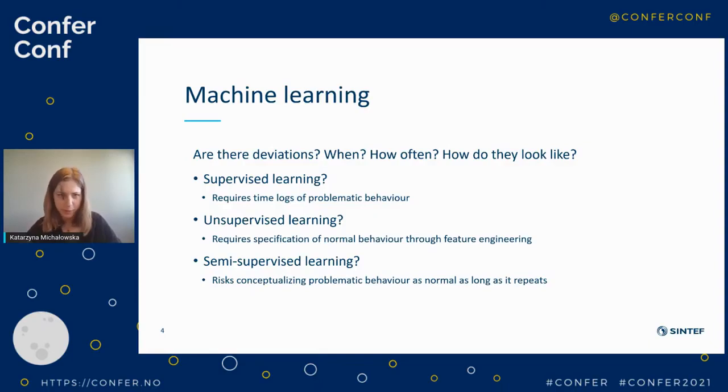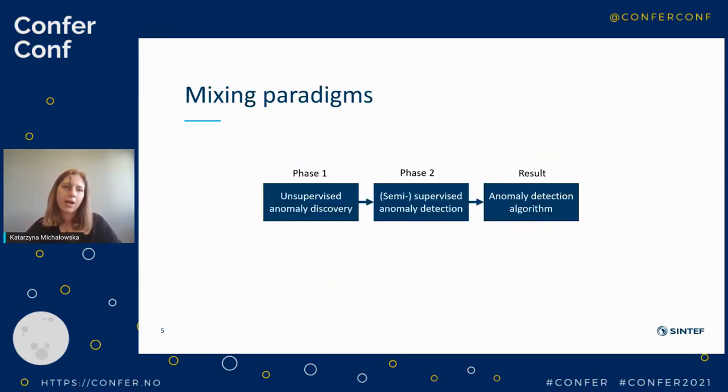So how to solve this problem? In this case, we decided to mix the paradigms. We mixed the unsupervised learning with a sort of supervised learning, and then we came up with the anomaly detection algorithm.